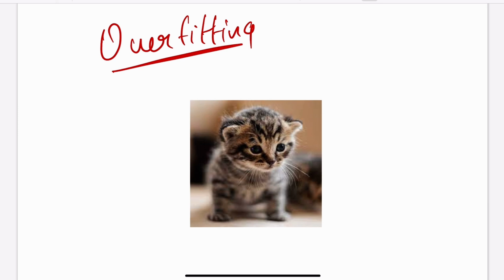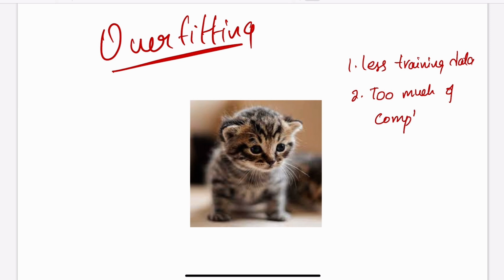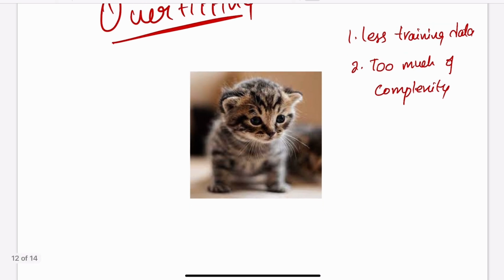So those are the two cases: one is less training data, and the other is too much complexity in the model. These will eventually lead to overfitting. This is called overfitting, in the sense of being unable to give good results on the test data, or in simple terms, unable to give good results in the test exam.